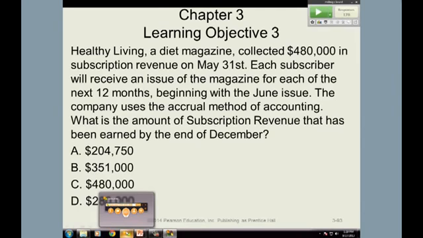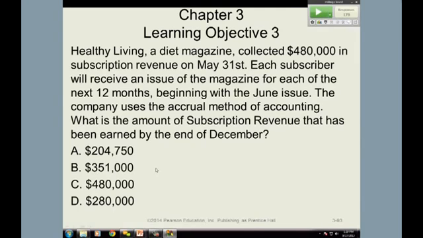All right. Any questions on this problem? Sorry about that. Oh, it could. Yeah. Service revenue, subscription revenue. You could put subscription revenue here as well.